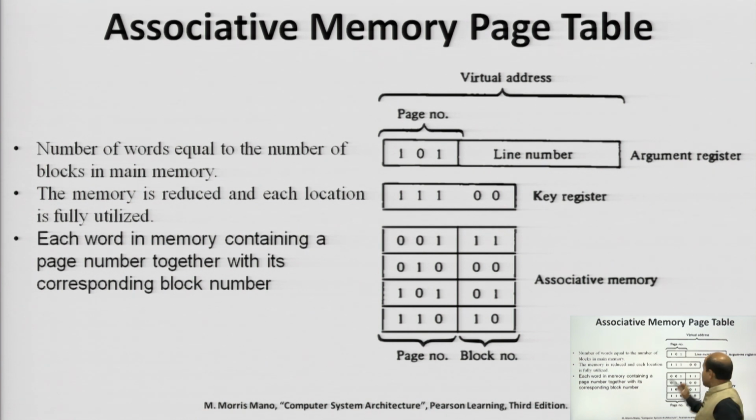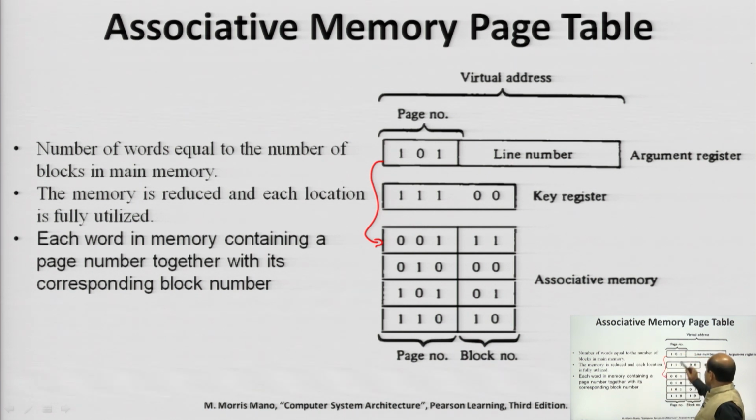In this particular case, there is an associative register. So, if any page is referenced by the processor, that particular page number will be matched with all the entries of the associative memory page table.